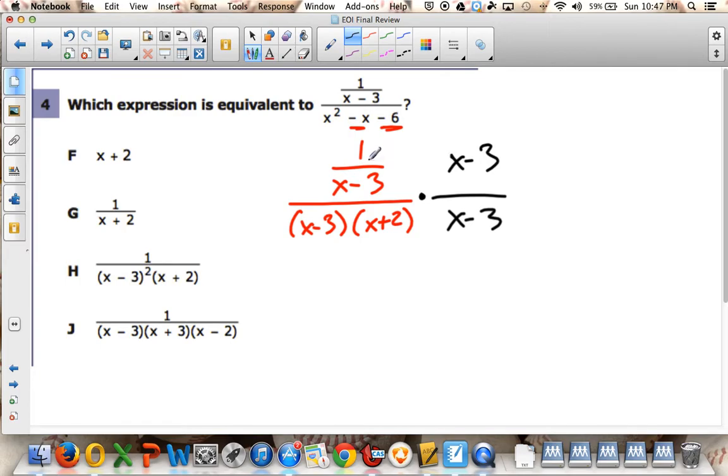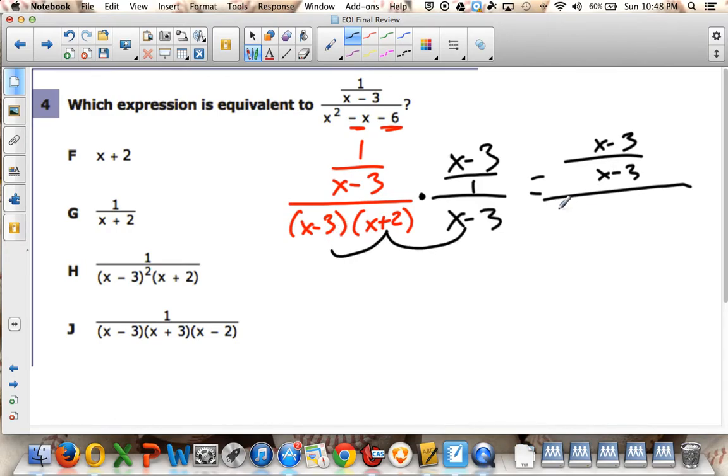So when I multiply this together, this is a fraction, which is x minus 3 over 1 multiplied here. So let's see what this looks like. That is x minus 3 over x minus 3 over, in the denominator, these three binomials multiplied together, which is x minus 3 times x plus 2 times x minus 3.